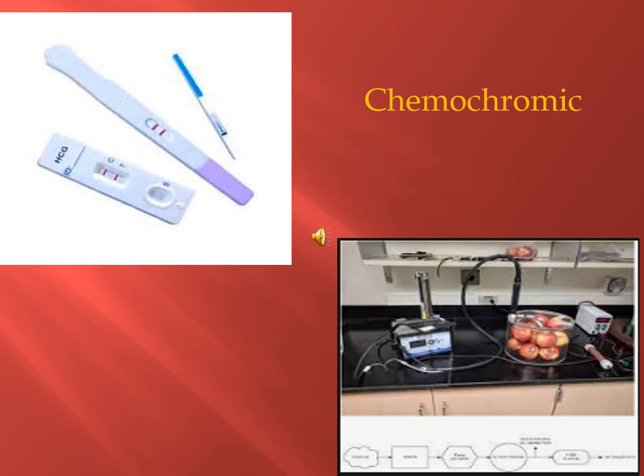Now, chemochromic materials. The chemochromic materials respond to the chemical changes in the environment by changing their color. They react with different chemicals and exhibit a change in their color and in some cases in their reflection properties, transmission properties, etc. And they are used to show the ripening of the fruit as the chemical reacts with the gases released by the fruit when it ripens.